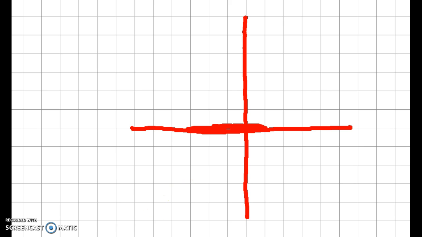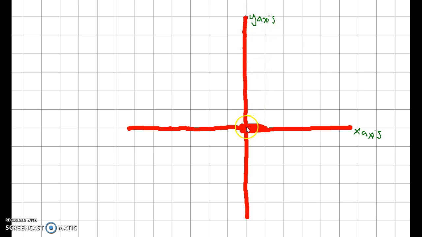Oh, I'm just messing this up royally, aren't I? All right, let's erase part of that. Make it a little bit better. Okay, that's a lot better. Great. So this is our x-axis. You do not necessarily need to tell me that it's your x-axis. Up here is our y-axis, right?